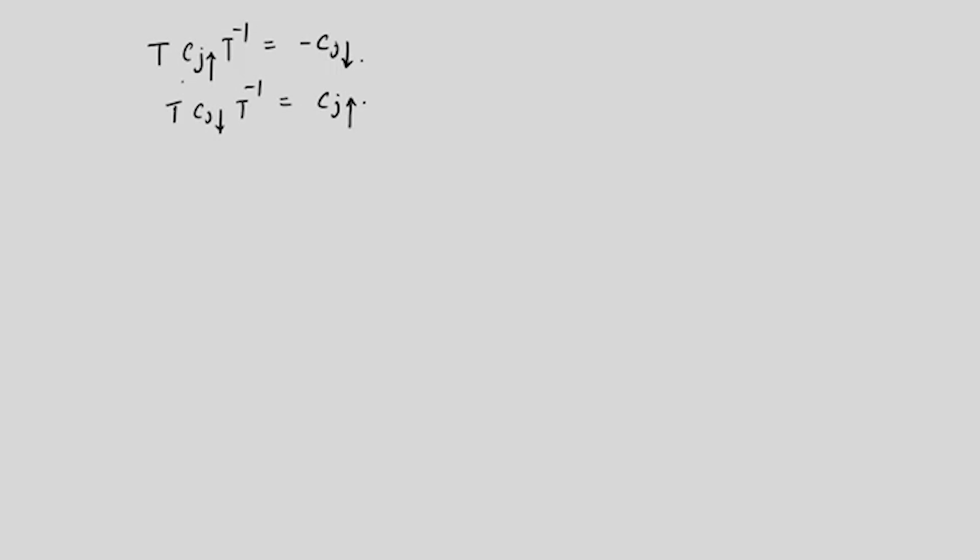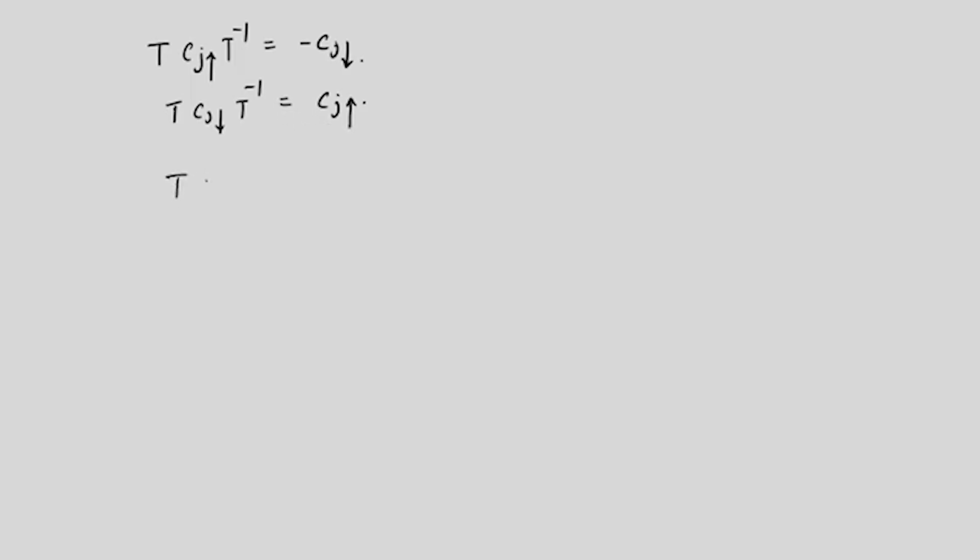So, it tells you that if you have a particle at a site j with spin up, the spin becomes lowered, and there is a minus sign, and for the lower it becomes up with no sign there.